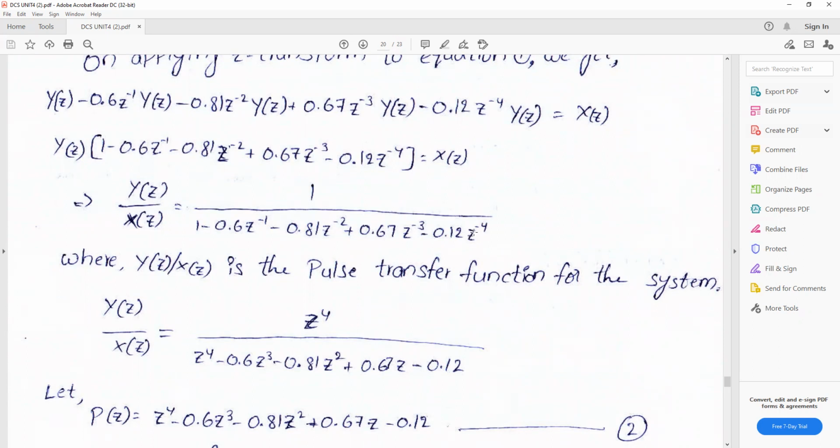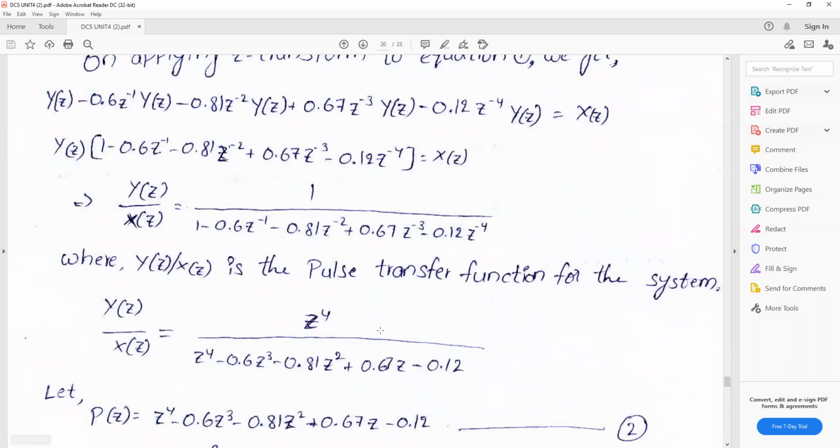Clear? So we multiply z power 4 in the numerator and denominator. Z power 4 minus 0.6 z power 3. So 4 minus 1 is 3, 4 minus 2 is 2, 4 minus 3 is 1. Minus 0.12 z. Z power minus 4 plus 4 is z power 0.